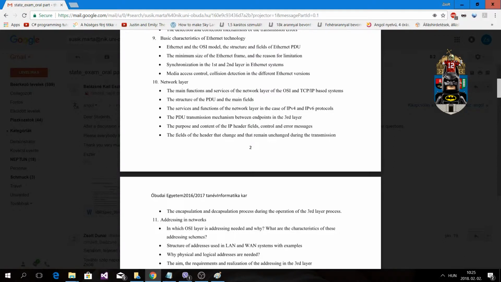The purpose and content of the IP header fields, control and error messages. As I said, I talked about the header fields, but IP is connectionless, so there is no guarantee that the data has been received. However, with the help of the ICMP protocol we can get some error messages for IP, because ICMP can help to verify the destination, or whether there is a path to the destination.